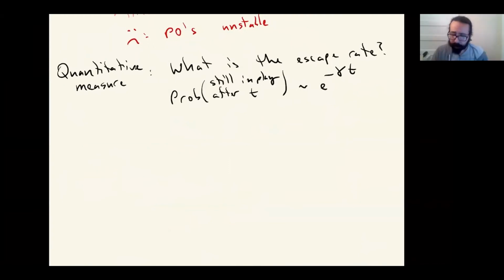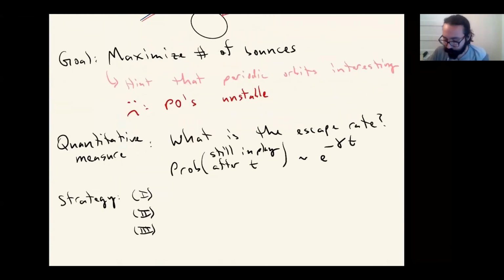Great. So what is our strategy going to be? And this is a strategy, I think, for more general chaotic systems than just this slightly toy pinball problem we're looking at.